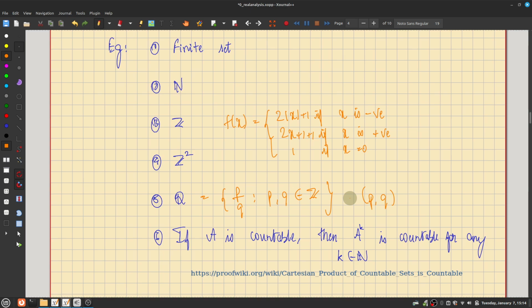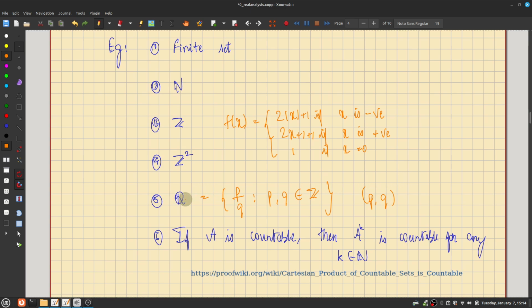This representation is not unique because the number 1 by 3 can also be written as 2 by 6, but I can certainly represent this as a pair of integers.